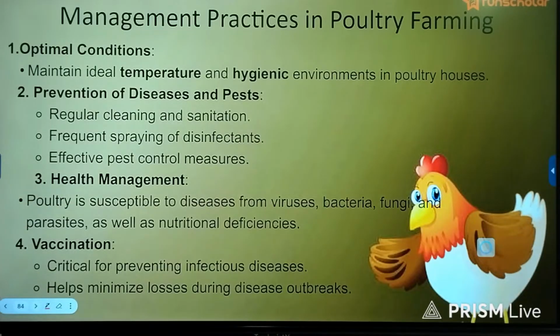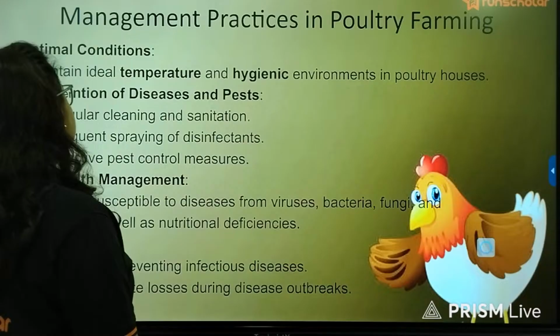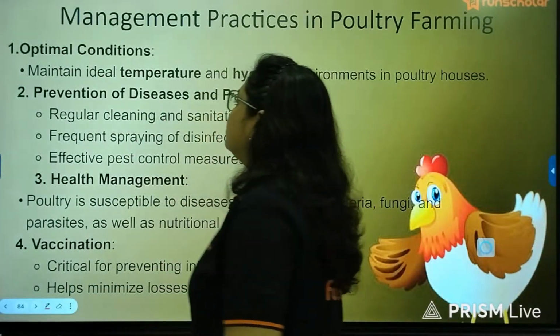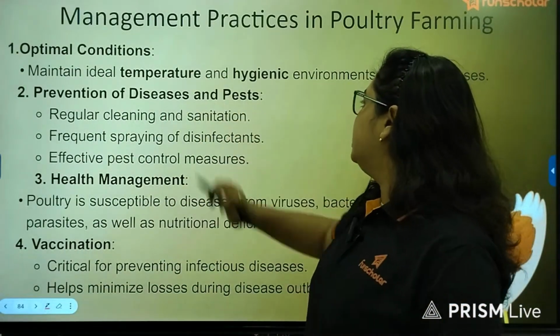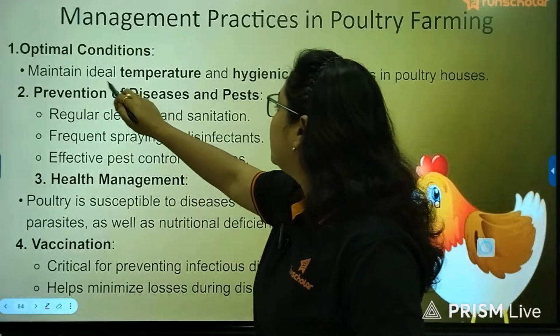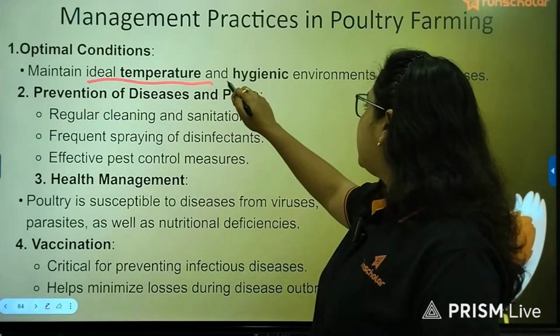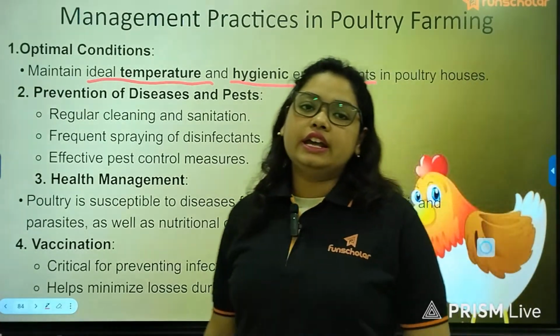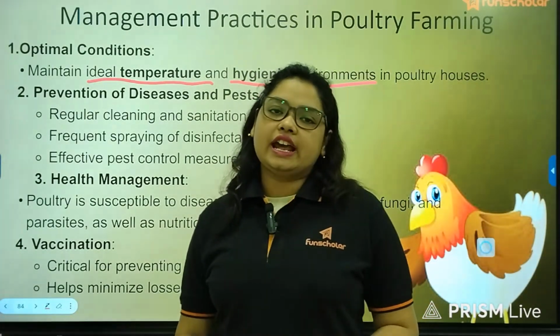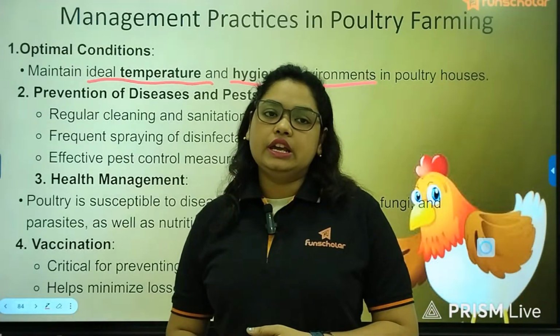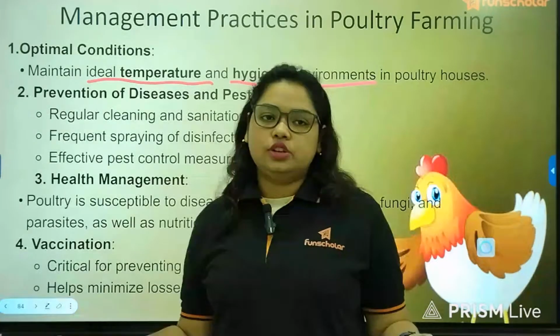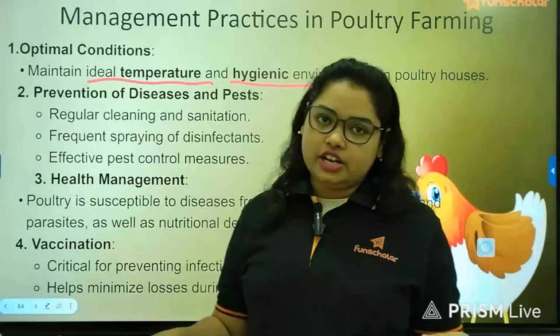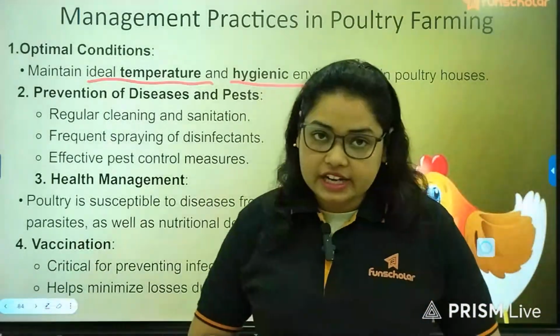Acha, management practices in poultry farming. How can poultry farming be managed? What is the first maintenance of optimal condition? Optimal condition includes ideal temperature and hygienic environment. So you have already discussed in cattle farming to keep the cattle under the shade, which should be well ventilated.